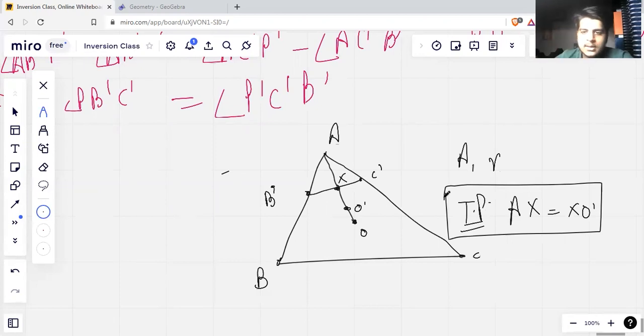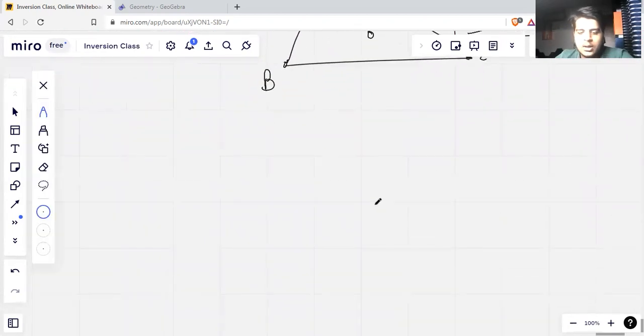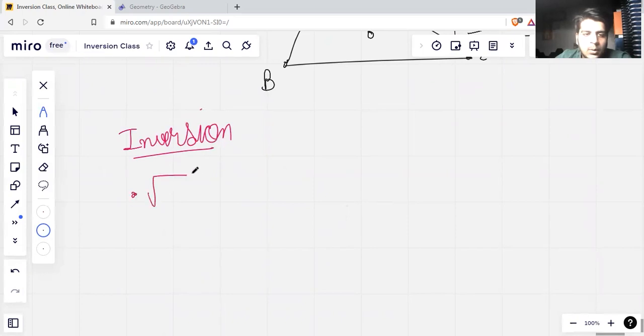Here is the plan for the next class. In my next class, I'll be doing inversion only. I'll first begin with root BC inversion, and then root BC by 2 inversion.